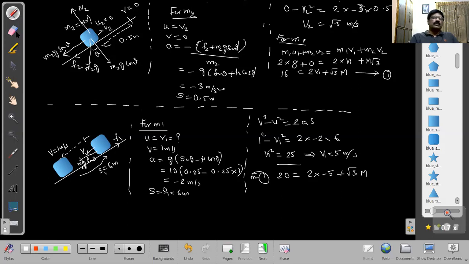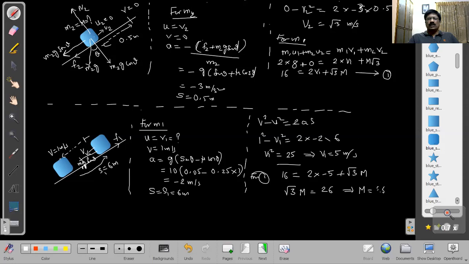Therefore here you substitute 16 is equal to 2 into (minus 5 plus root 3 m). Therefore root 3 m is equal to 26, which implies m is equal to 26 by root 3, where root 3 is 1.732.